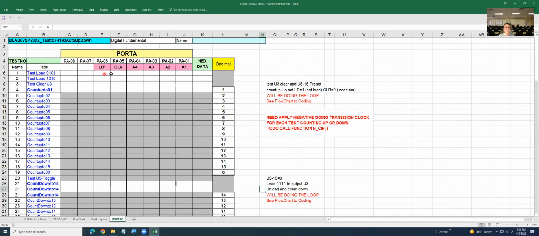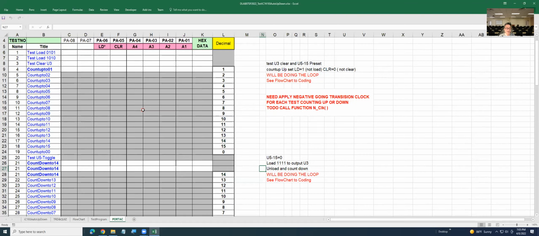You know what logic is supposed to be applied. Or test counting. Anything in here, we don't want you to write anymore into port A. I think we don't need that anymore.